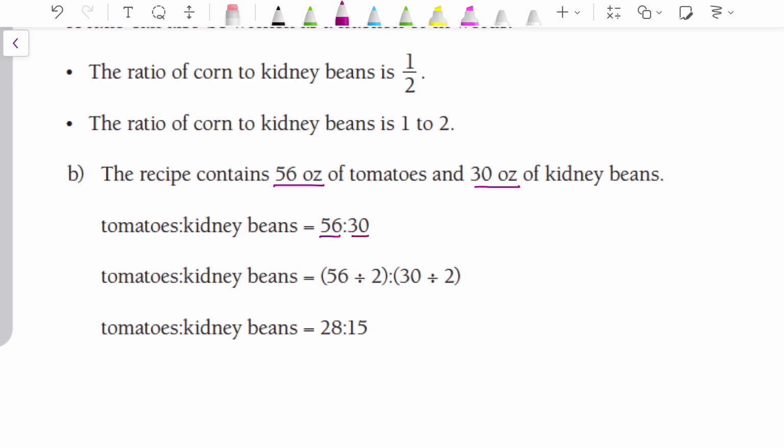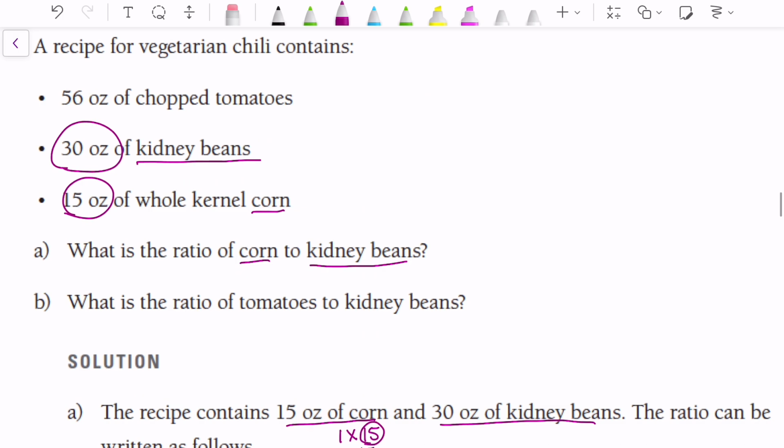If you wanted to write all of their factors out again, you could, but we know for sure they're divisible by 2. So divide both sides by 2 and see if you have to reduce them anymore. 2 is the greatest common factor between those two numbers. So we have 28 to 15 as the ratio, and that answers that question.